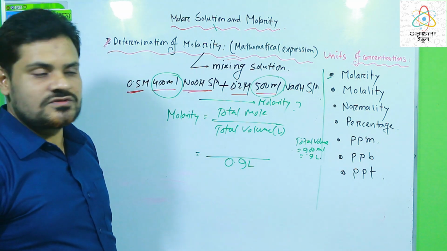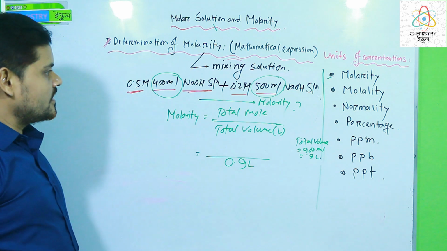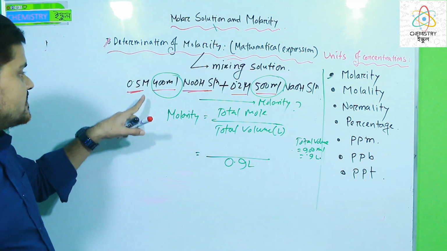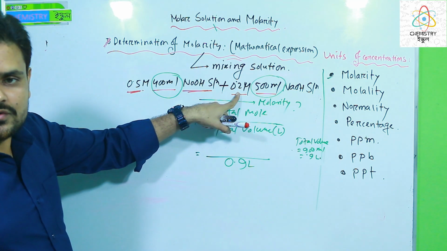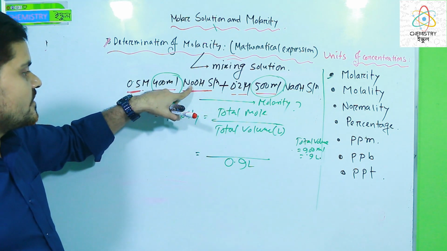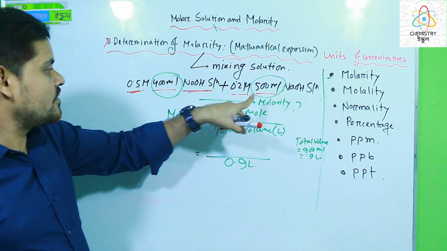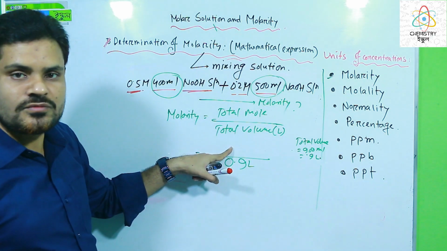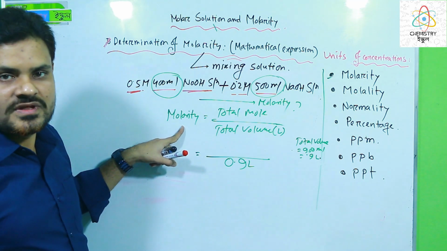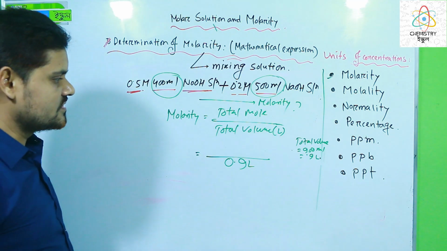And the total moles. Can you see a mole here? No, this is molarity, not mole. We should find the moles of sodium hydroxide for the first solution and the moles of the second solution. Then we can write the total moles, and then we can get the molarity. How can we find the moles of a solution?